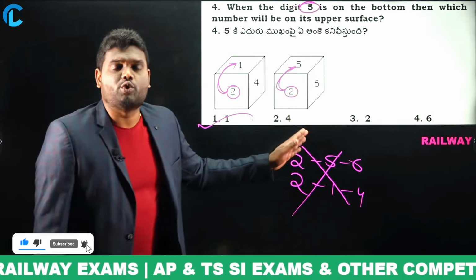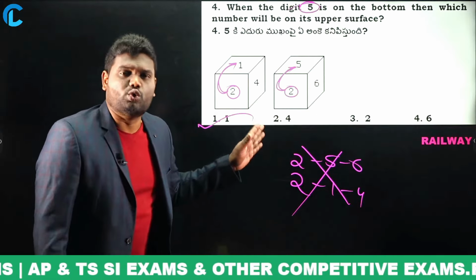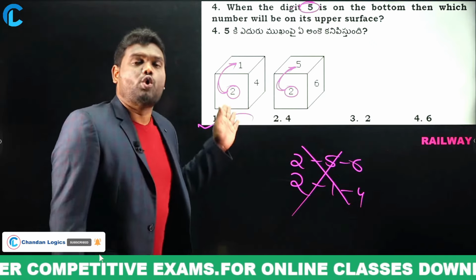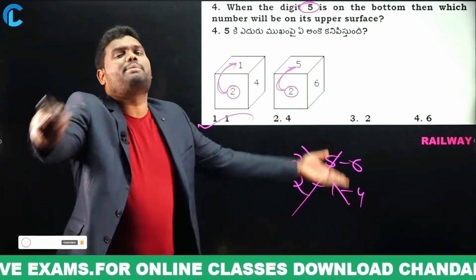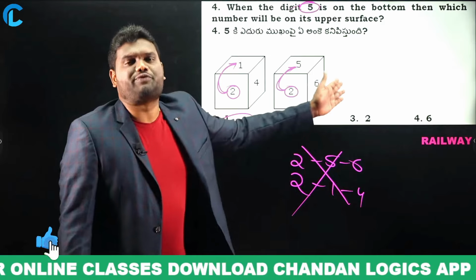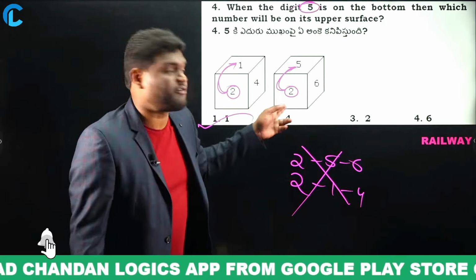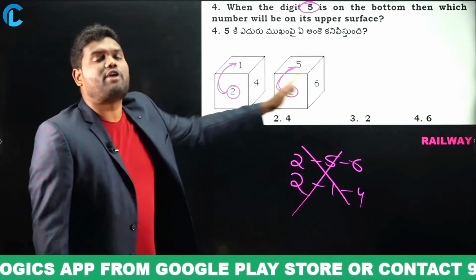So whoever is in the immediate clockwise of 2 in the other figure is our answer. That is 1, which means 5 opposite is 1.